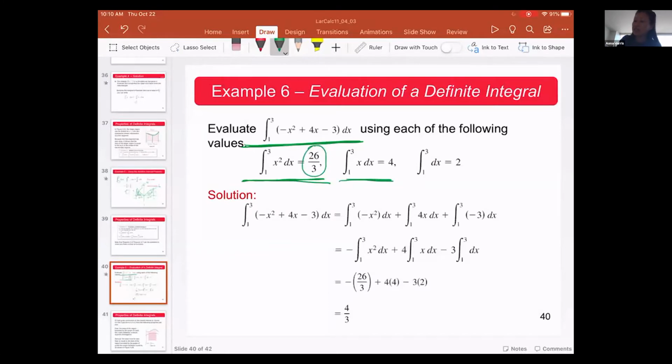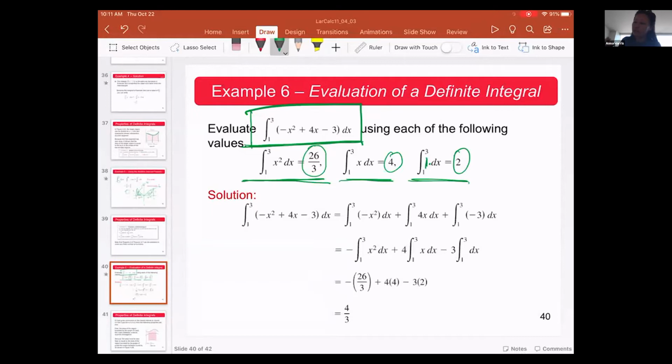The integral of x between 1 and 3 is 4. They gave you these answers, and you've got to use them to figure this out. And they also gave you simply 1, which means the integral of 1 dx between 1 and 3 gives you 2. So I'm using that information to figure out the integral from 1 to 3 of -x squared plus 4x minus 3.